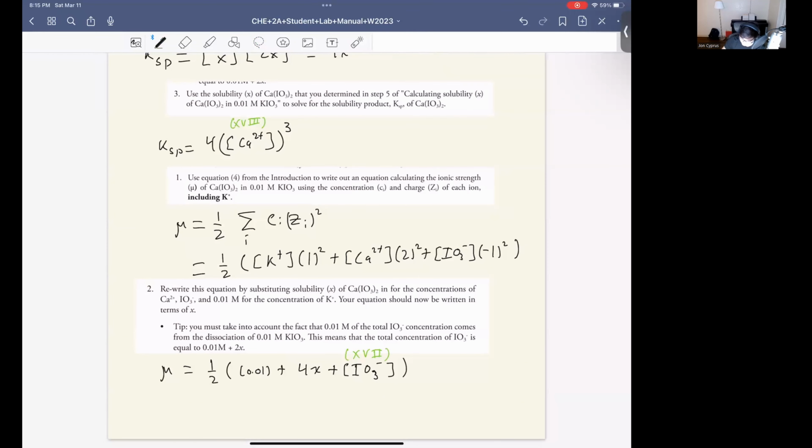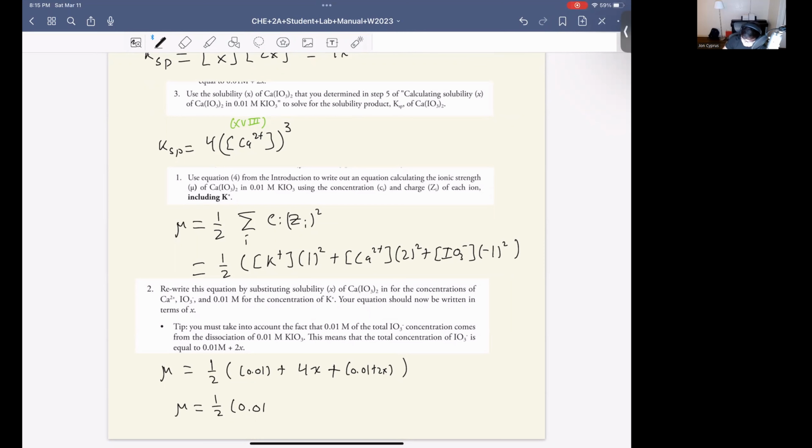And that's it. And then you can simplify this into this. No, maybe it is easier just to use the concentration of calcium, so you don't have to plug in as many numbers. They will give you the exact same answer though. So I'm instead just going to write this as 0.01 plus 2x as they gave us.